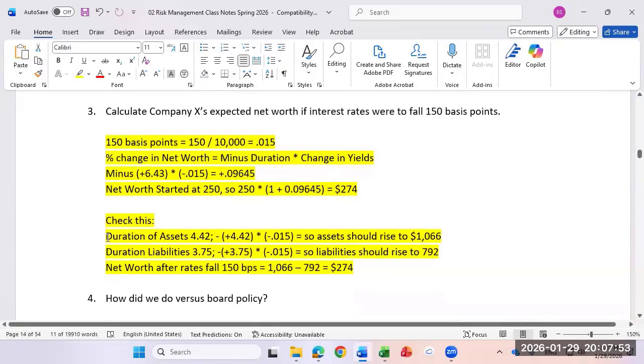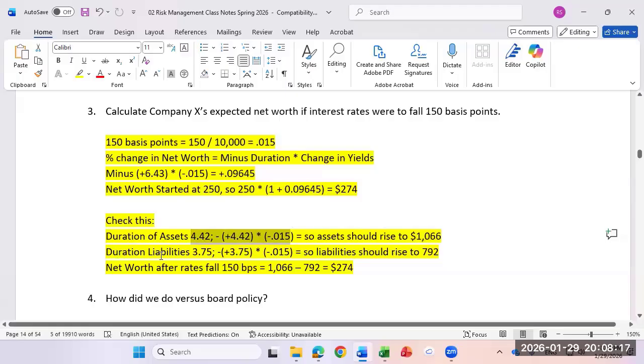Now we could check it. You could say, what would happen to their assets if interest rates were to fall 1.5%? So their asset duration is 4.42. So minus 4.42 times minus 0.015. Your assets will rise to $1,066,000 because that's going to get you 6.6%.